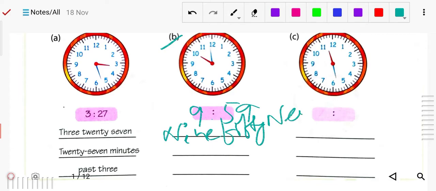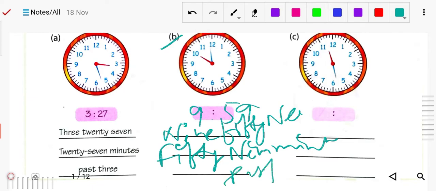Then after that you can write 59 in words, 59 minutes past 9. Likewise you can write. So for this you can do like this.